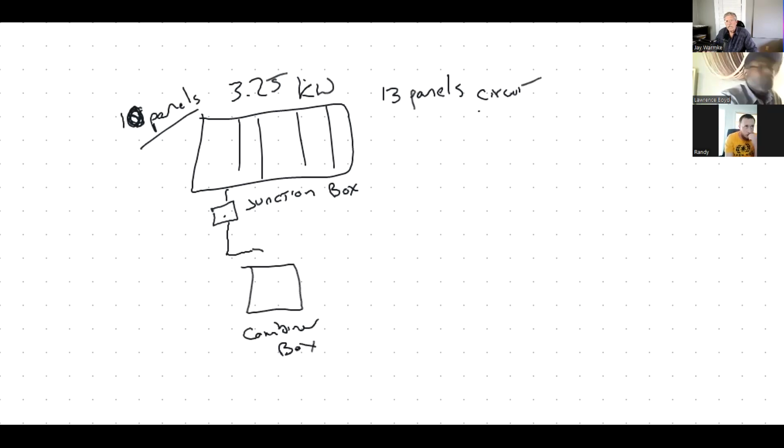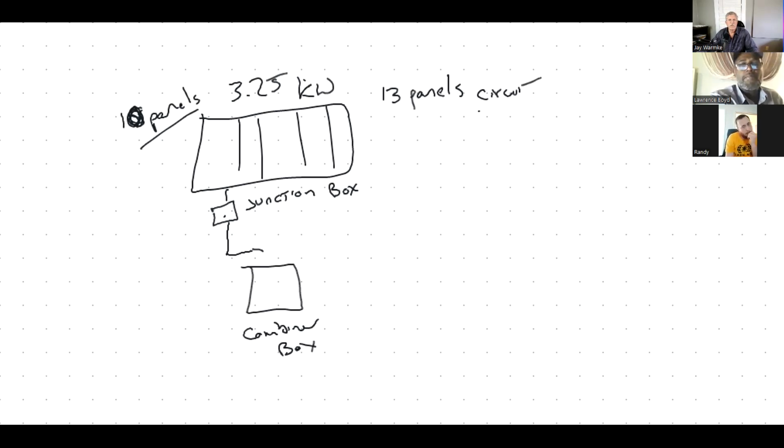It just turns out that the Enphase combiner box can take up to 4 branch circuits. But in this system, we're only going to be putting in 1. In the normal course of things, you might think that I don't even need the combiner box because I only have 1 branch circuit. But with the Enphase system, all of the communication software is contained within the combiner box. So I really have to have a combiner box for this particular system to work.